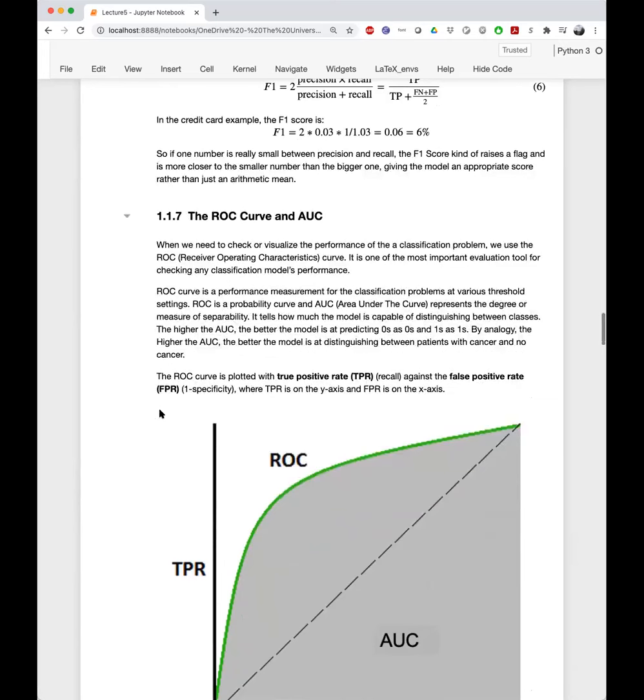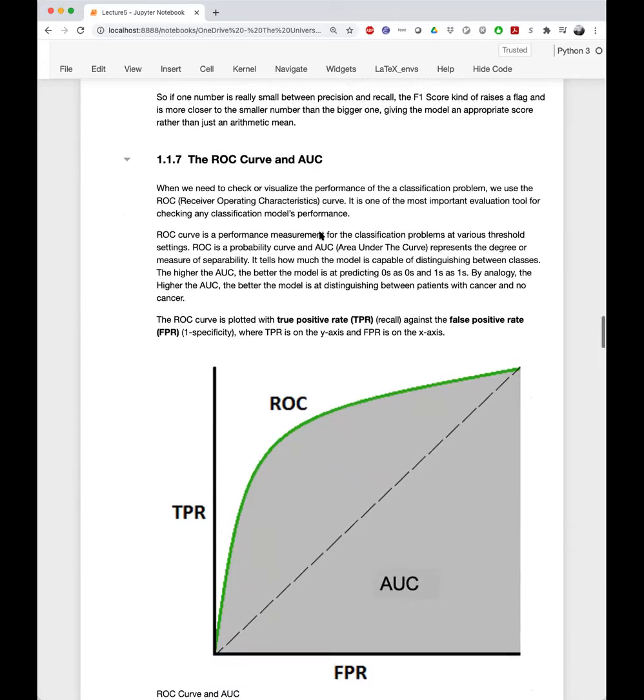All right, so now we move on to the ROC curve and area under curve, AUC. This is a very important measure. First, it's a graphical visualization, and AUC serves as a single number. It serves as a metric or measure for your classifier. It's also a very frequently used measure to compare models.